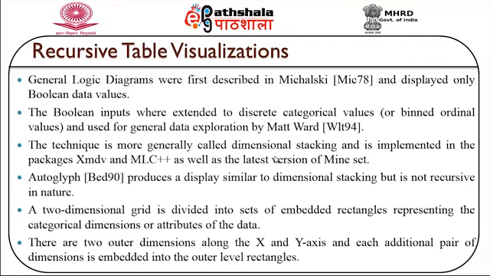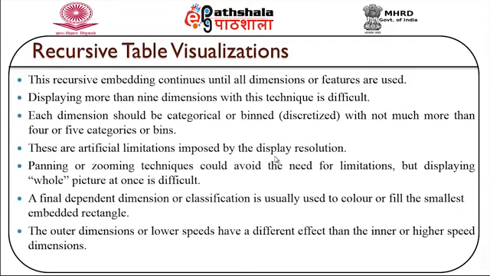A 2-dimensional grid usually is divided into a set of embedded rectangles, which represent the categorical dimensions or attributes of the data. There are 2 outer dimensions along the x and y axes, and each additional pair of dimensions is embedded into the outer level rectangles. In recursive table visualization, this recursive embedding continues until all dimensions or features have been used.